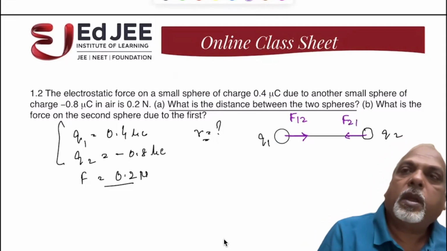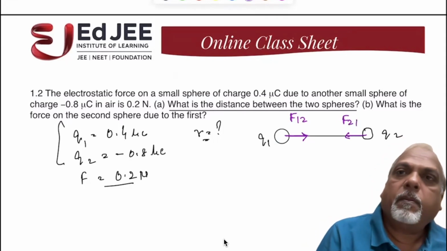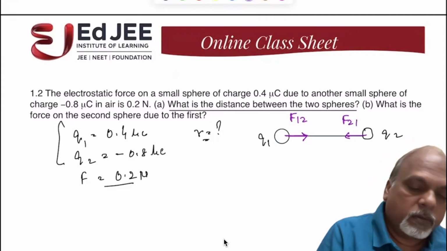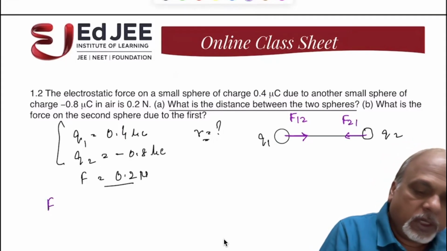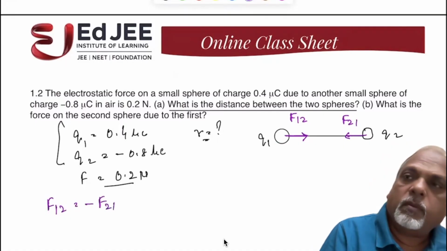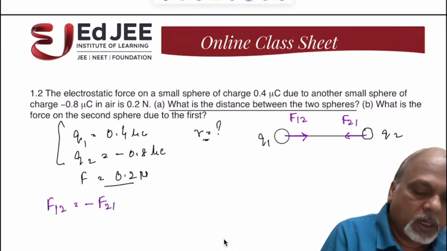Both will be basically same, and F12 is nothing but minus F21 because their directions are opposite.